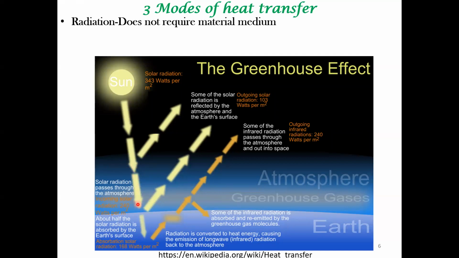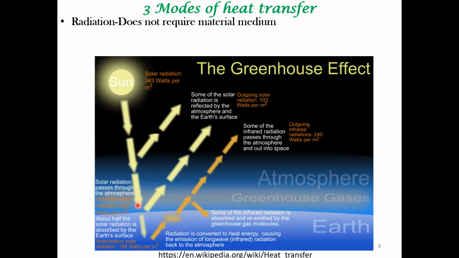And then when it passes through the atmosphere, two processes can occur. There can be absorption by molecules of the atmosphere. There are some molecules which absorb better. Carbon dioxide is a greenhouse gas because it can absorb a lot of radiation, and it goes into the vibrational and translational degrees of freedom of carbon dioxide, methane gas, even water vapor.